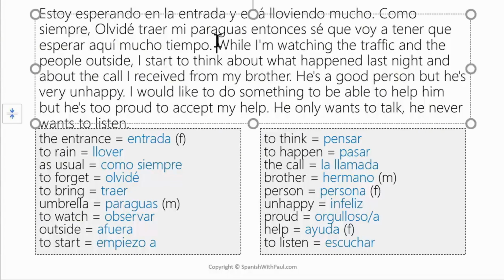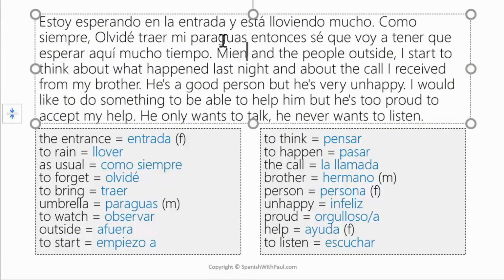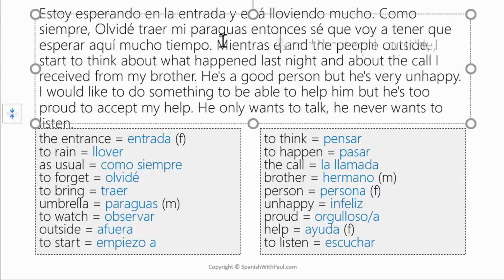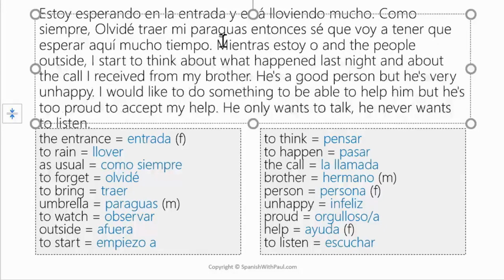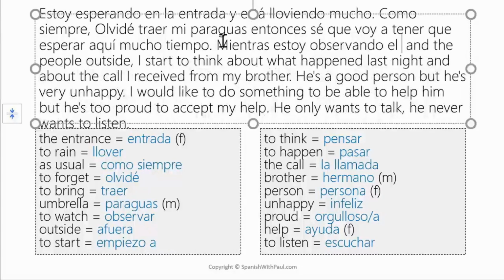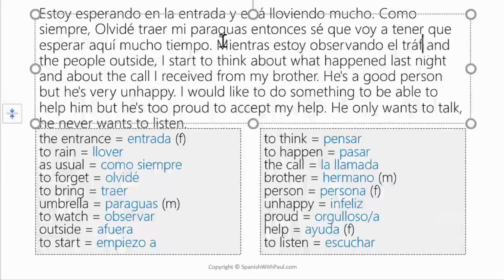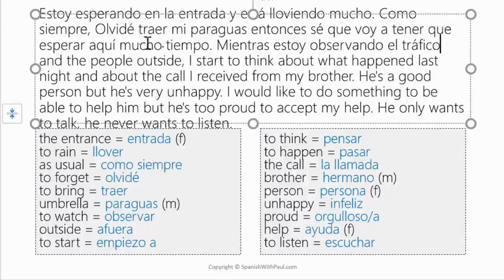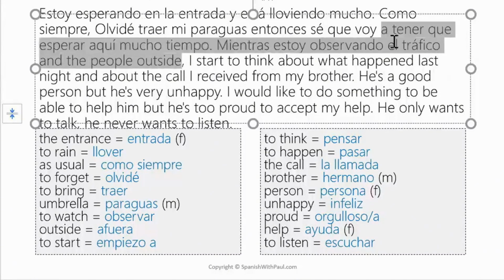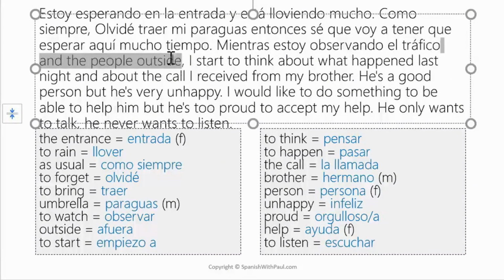Now we have more background information. So while I'm watching the traffic, mientras estoy observando el tráfico, and the people outside. So outside is afuera, and the people is la gente.